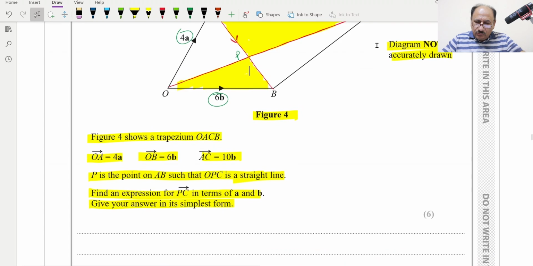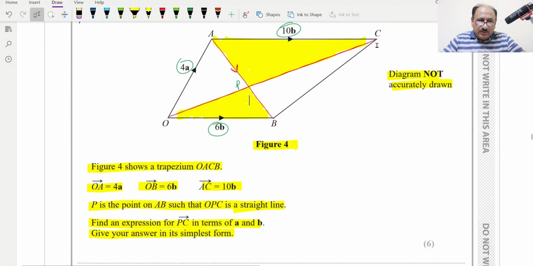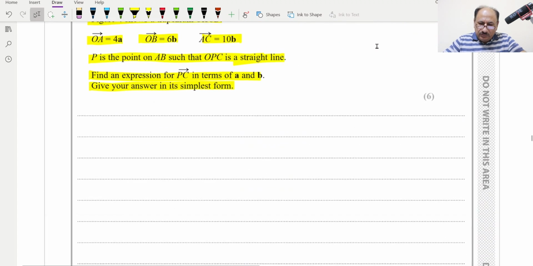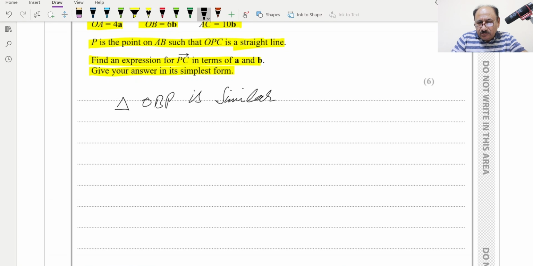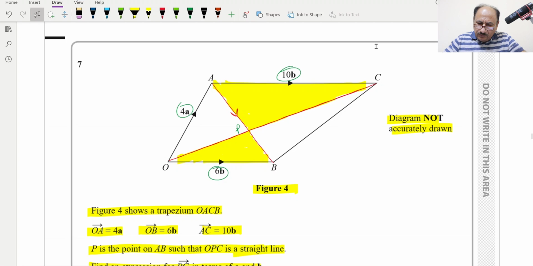One triangle is OBP and the other one is ACP. So we can write triangle OBP is similar to triangle ACP.